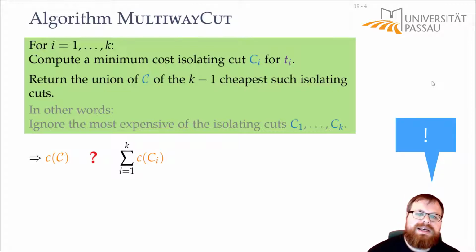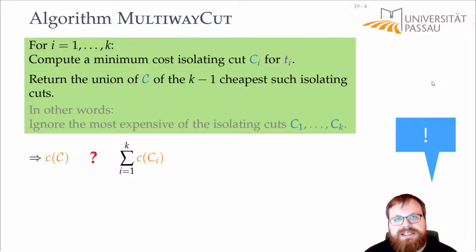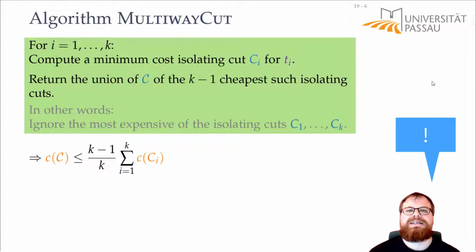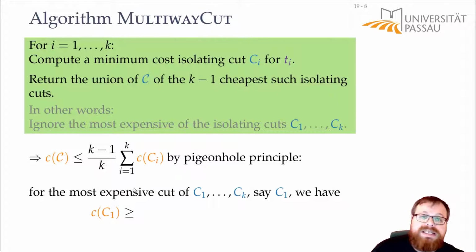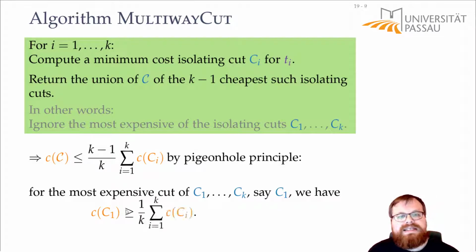Well, we pick the k-1 cheapest ones, and there are k in total, so we can use the pigeonhole principle to show that it's at most k-1 over k. The pigeonhole principle tells us the most expensive one costs at least as much as the average. So the most expensive cut, let's say C_k, costs at least as much as 1 over k times the sum of all cuts.